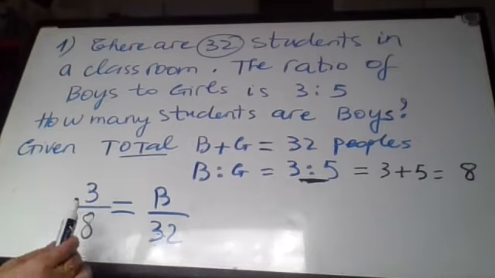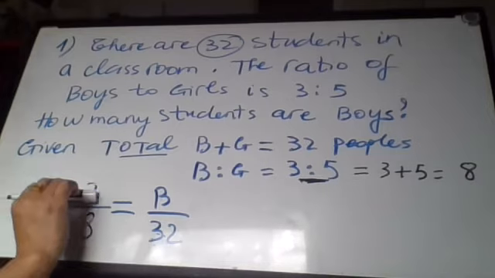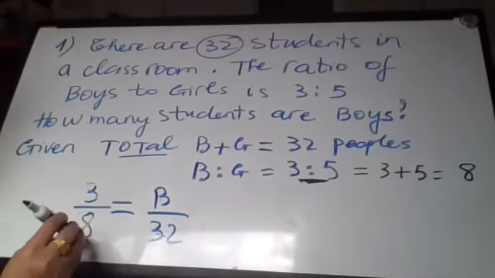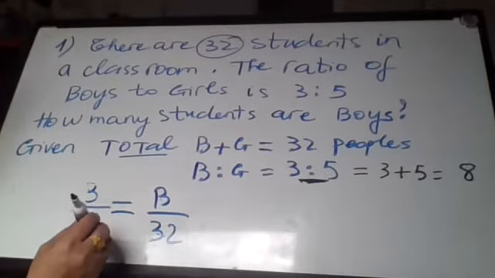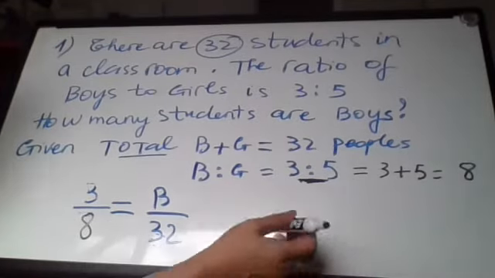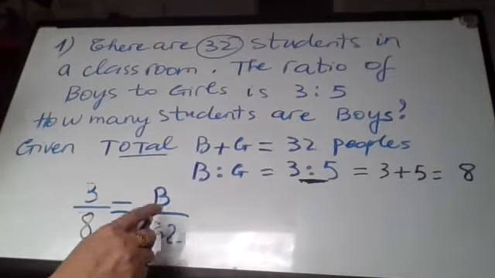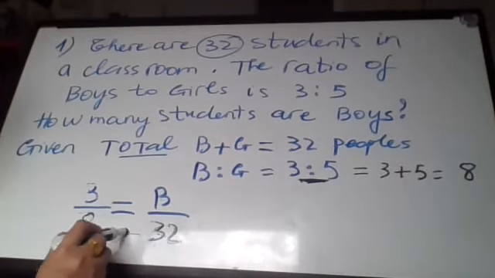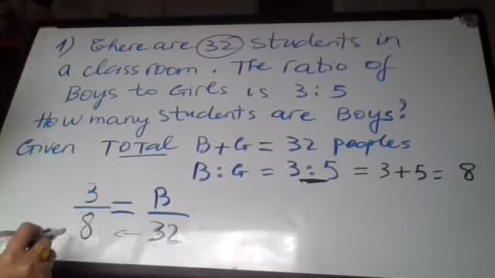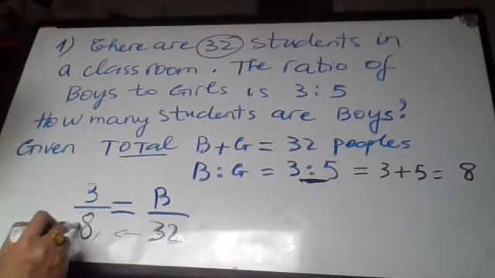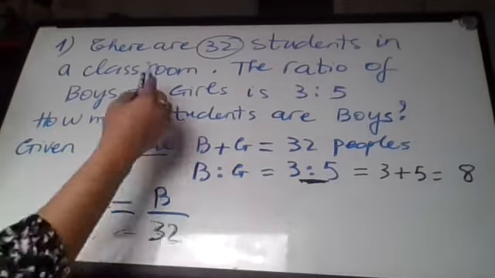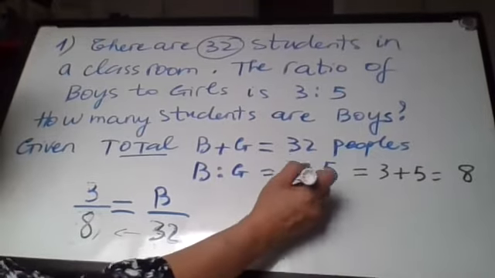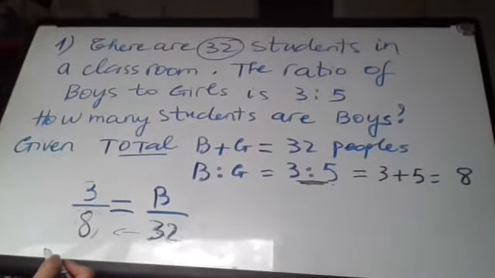The reason is that the portion of boys is 3 portions and the portion of girls is 5 portions, but we don't know how many girls. We know both boys and girls total 32. So this 32 has to represent the portion of both of them, and the portion of both of them is 3 plus 5, which is 8. So if they give you a word problem like this, you have to know how to add 3 plus 5, and to pair them.